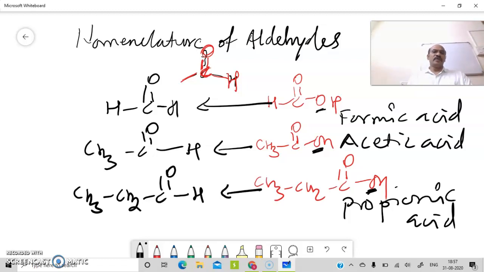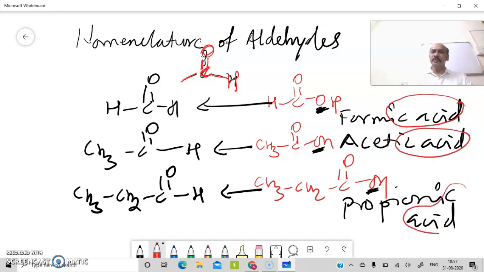They differ with respect to one oxygen which is there with OH, and their name is derived from the name of the acid by replacing this ic acid by the word aldehyde. So its name will be formaldehyde.